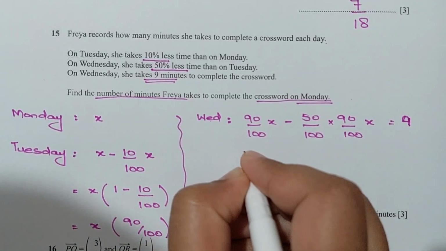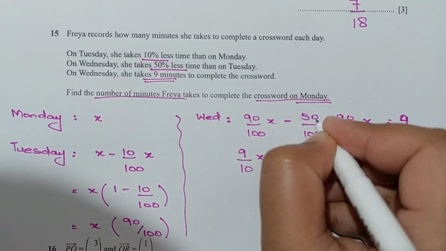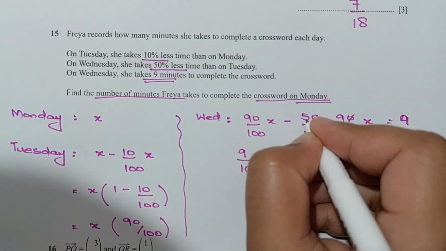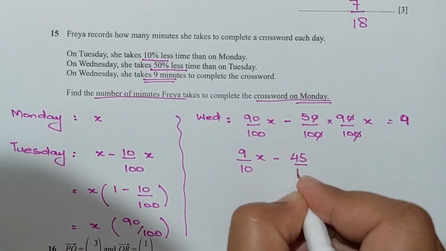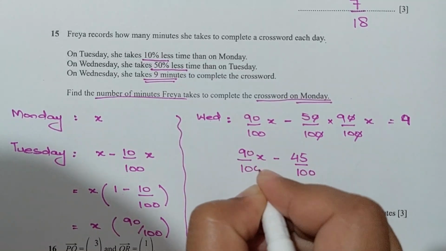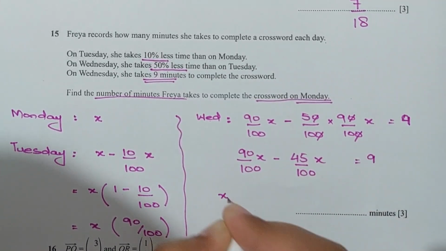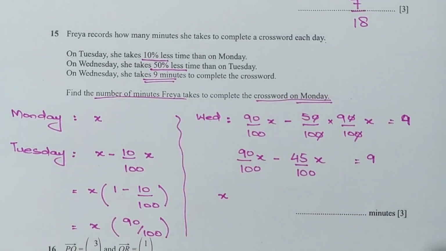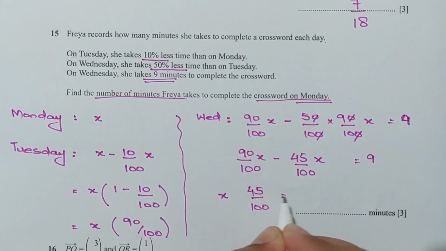So this becomes 9 over 10 x minus, 0 is cancelled with 0, 5 times 9 is 45 over 10 times 10 would be 100. And this x equals 9. Take the x common. From 90, take away 45, which is 45. Yes, 45 over 100 x equals 9.